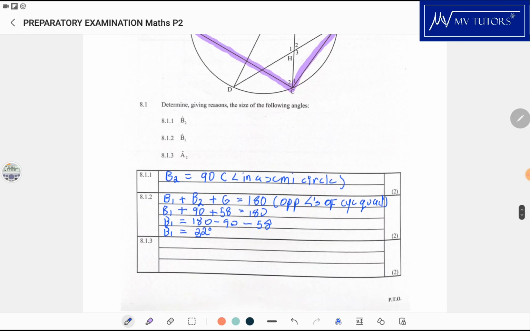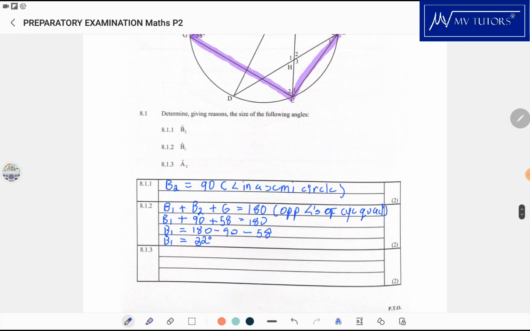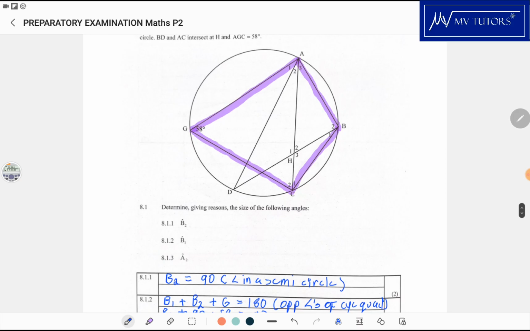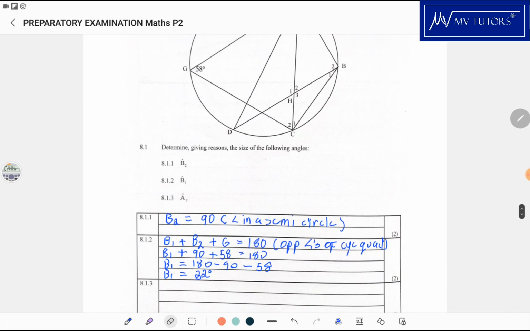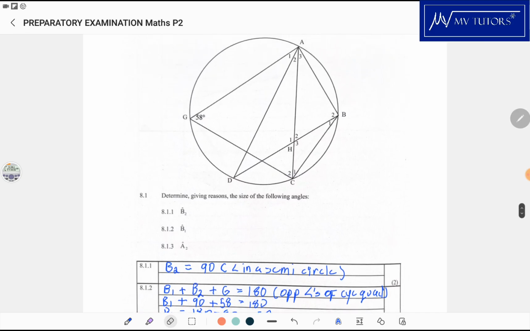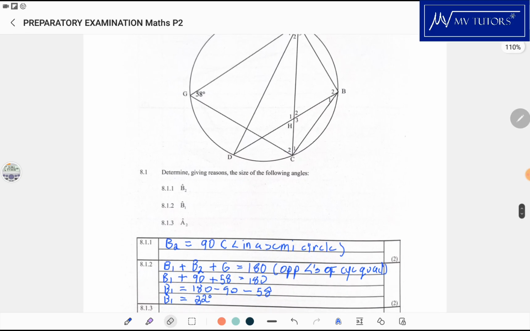All right, so now we're looking for A2. Let's rub this clue that we highlighted here. We no longer need it. What can we use? Normally, these questions follow each other in such a way that the previous question helps you to solve the next one. So now I've solved B1.